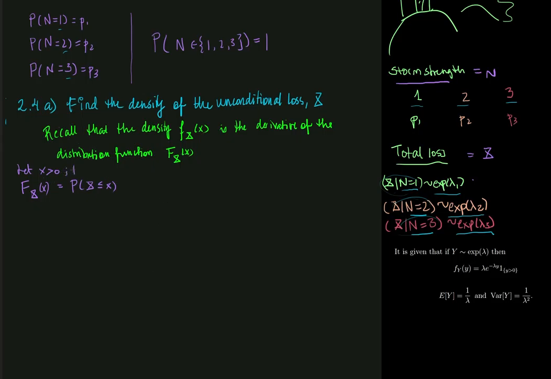Okay, and how can we go on? So we want to bring n into play. And the way we do that is by recalling that the probability that n is either 1 or 2 or 3 is 1, because this is the entire sample space.